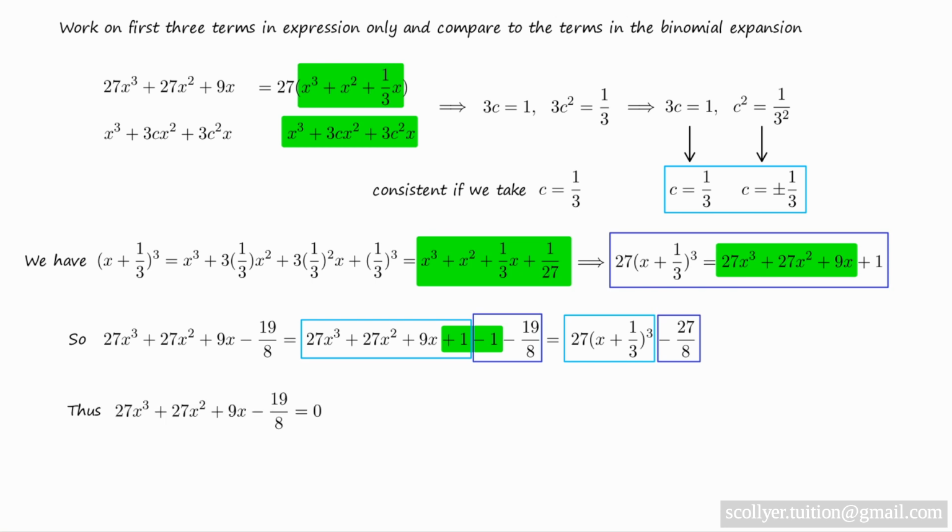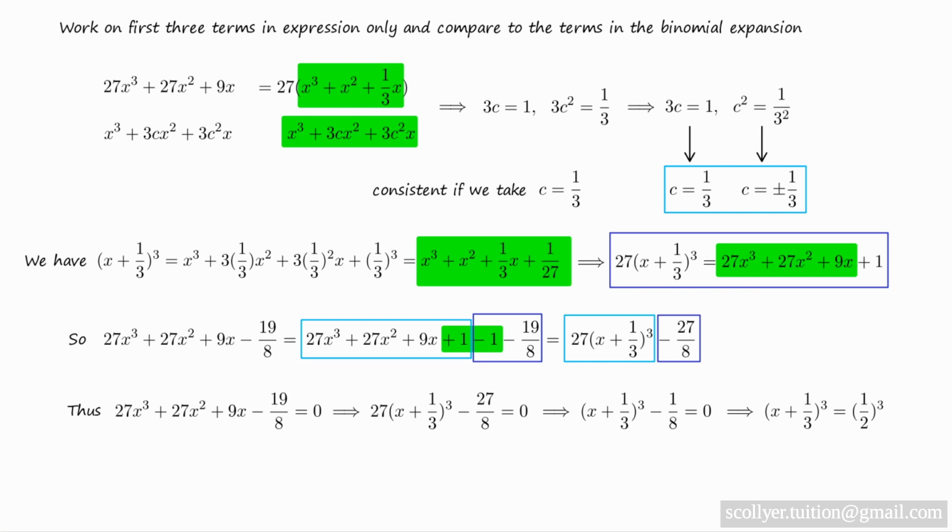And so we have that 27x³ + 27x² + 9x − 19/8 = 0 implies that 27(x + 1/3)³ − 27/8 = 0, which gives us that (x + 1/3)³ − 1/8 = 0, so that (x + 1/3)³ = (1/2)³.